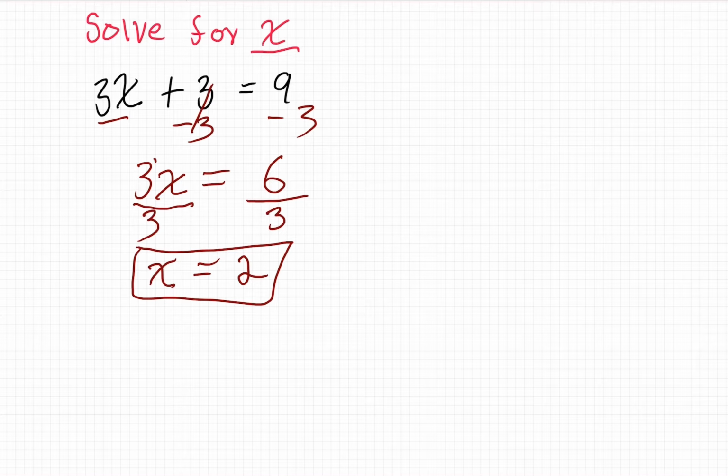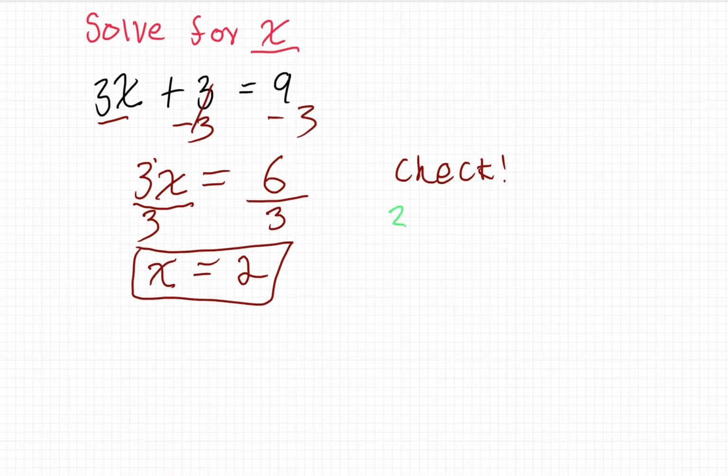So you notice that if we plug in the 2 for the x, let's just check here. Let's substitute the value for x. Since we're checking, I'm just gonna do a different color.